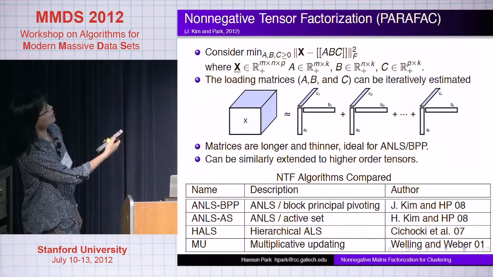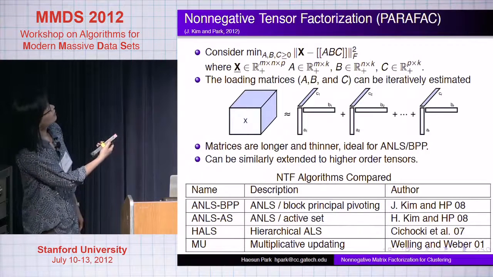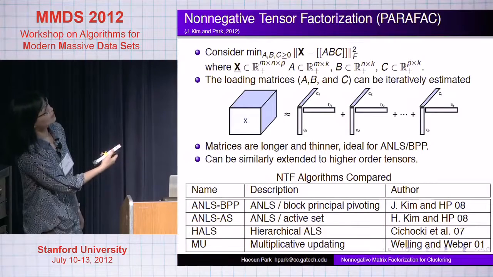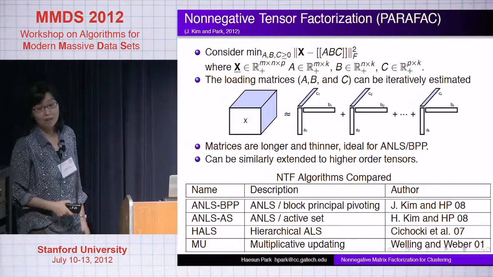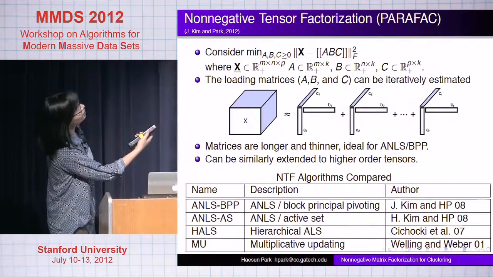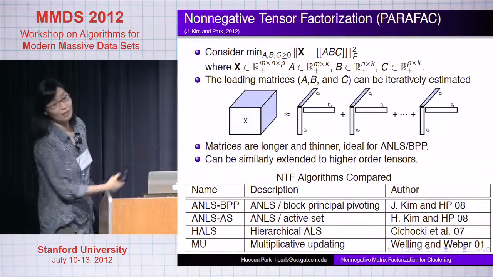So suppose you have a three-way tensor, and when we do rank k reduction, we want to express the tensor as a summation of k rank 1 tensors. That's PARAFAC, and we now impose non-negativity on all these vectors.